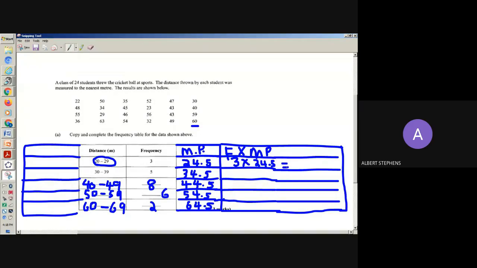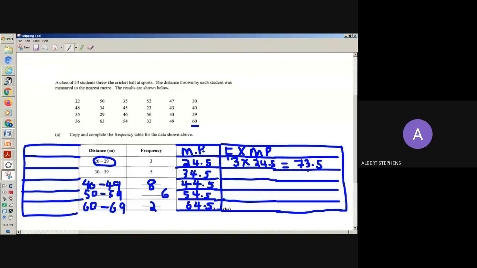What is 3 multiplied by 24.5? 73.5. Can somebody second that for me, please? Yes, sir. All right, cool. The reason I asked for a second is because I'm not really checking. I should, but, you know.